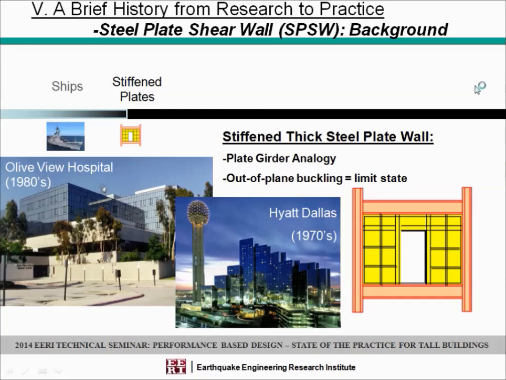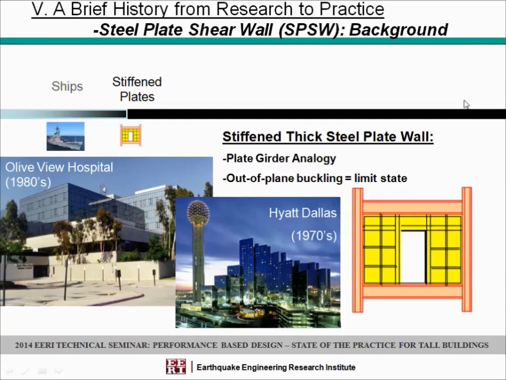You see the image of the exterior, and basically it was a battleship with openings and a lot of stiffeners. The average plate thickness between 1.5 inch to 2 inches in those days was a lot of stiffeners, because the limit state was out-of-plane buckling of the plates.